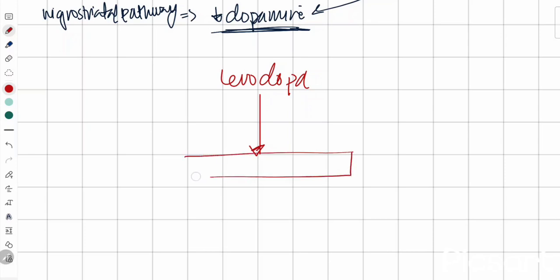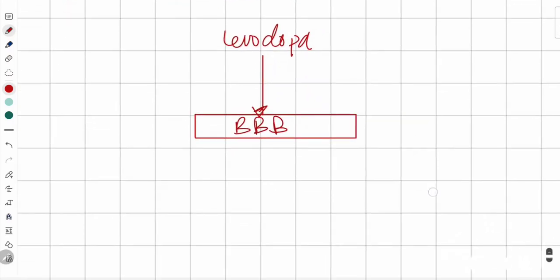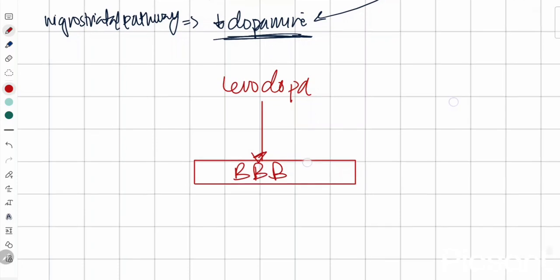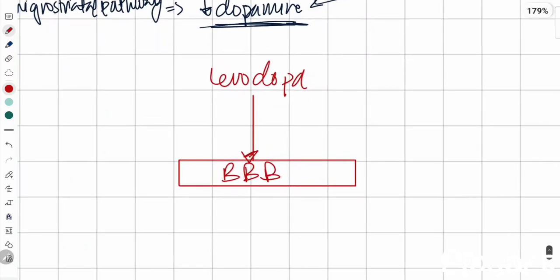So here I'm going to make a very simple blood-brain barrier. Let's just write BBB. Above this is all general circulation. And there are two enzymes that would love to act on levodopa and just want to transform it into other things.